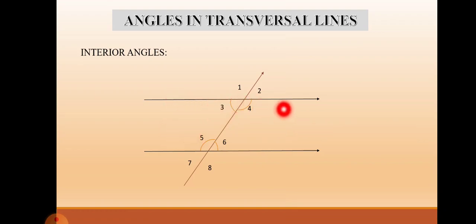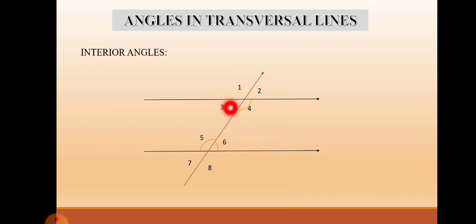The space between these two parallel lines is the interior region, and the outside space is the exterior region. Interior angles are the angles that lie between the parallel lines, inside the lines.